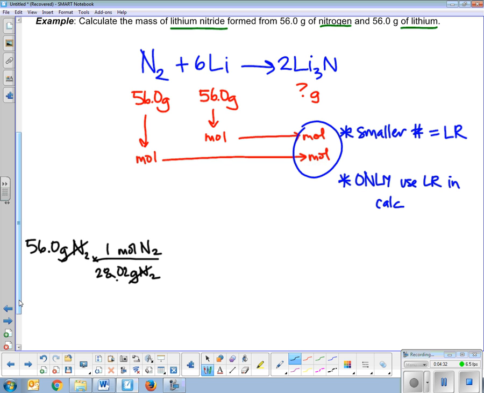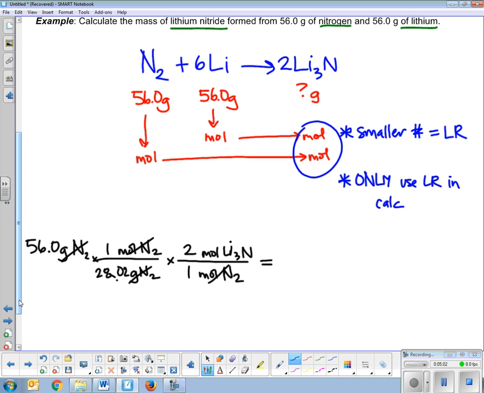Grams of nitrogen divide out. And then I'm going to get rid of moles of nitrogen and convert to moles of lithium nitride. So here's when I look at my coefficients. In front of N2 is 1. In front of the lithium nitride is 2. Alright. So I type this in my calculator: 56 divided by 28.02 times 2.